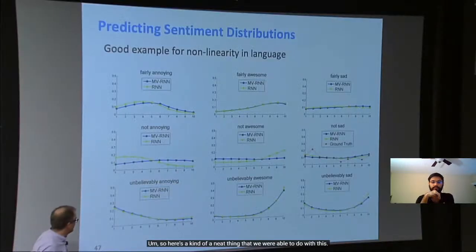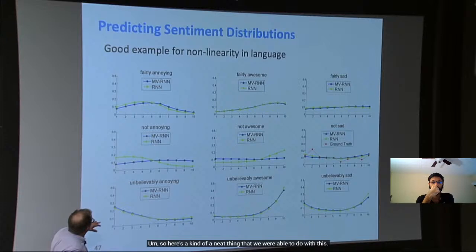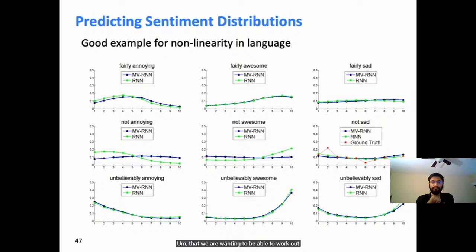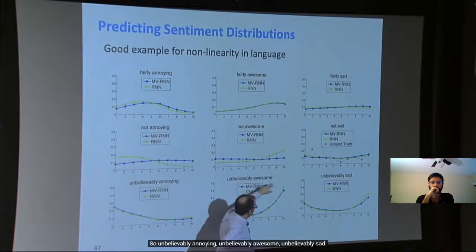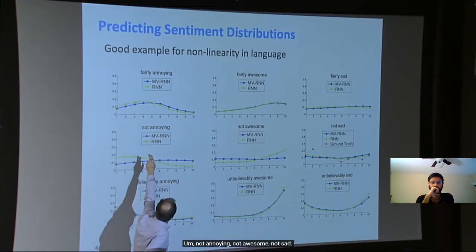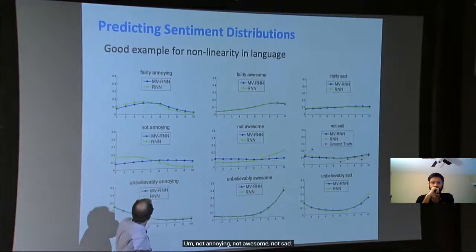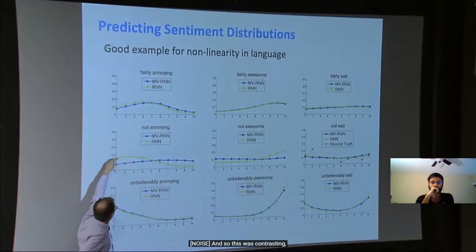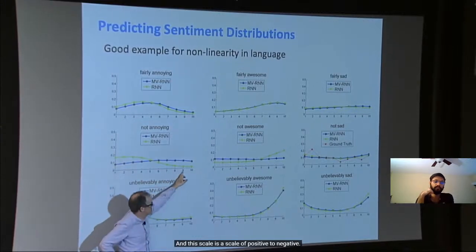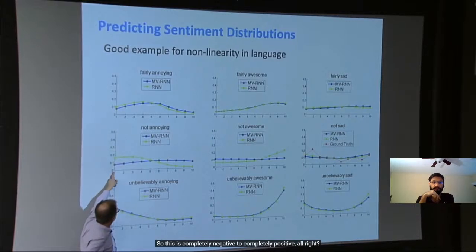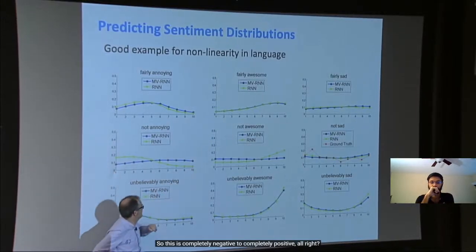So here's a neat thing that we were able to do with this. We wanted to work out the semantics of an operator modifying another word. So: unbelievably annoying, unbelievably awesome, unbelievably sad, not annoying, not awesome, not sad. This was contrasting our old model versus the new model. And this scale is a scale of positive to negative, so completely negative to completely positive, right?